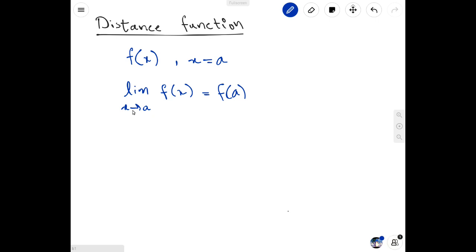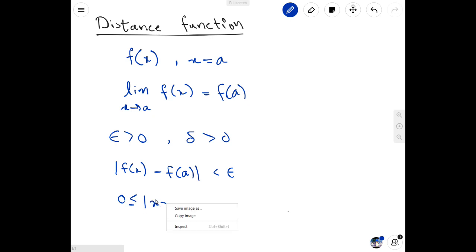According to that definition, a function f of x is continuous at the point x is equal to a if for every epsilon greater than 0 there exists a number delta greater than 0 such that absolute value of f of x minus f of a is less than epsilon whenever 0 is less than or equal to absolute value of x minus a less than delta.